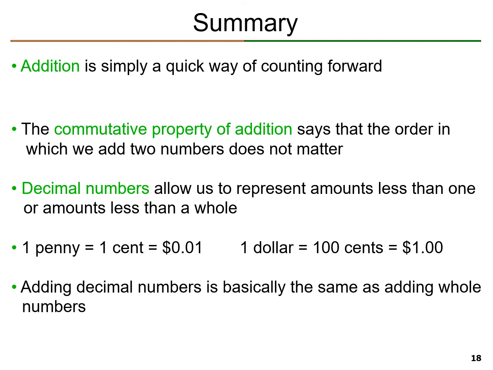Summary. Addition is simply a quick way of counting forward. The commutative property of addition says that the order in which we add two numbers does not matter.